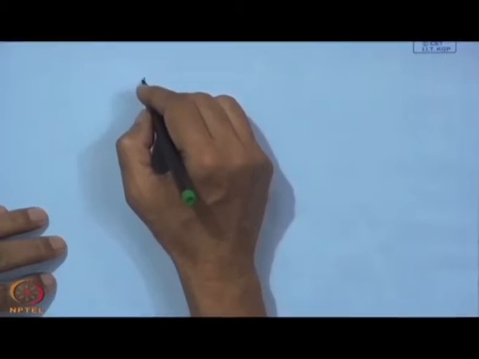In that case we expect conversion of this boron and nitrogen into boron nitride, and with this high energy impingement it will assume a cubic structure.